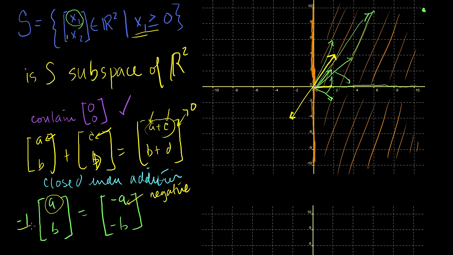So when we multiply it by -1, for really any element of this set that doesn't have a 0 there, you're going to end up with something that falls out of it, right? This is not a member of this set, because to be a member of the set, your first component had to be greater than or equal to 0. This first component is less than 0.